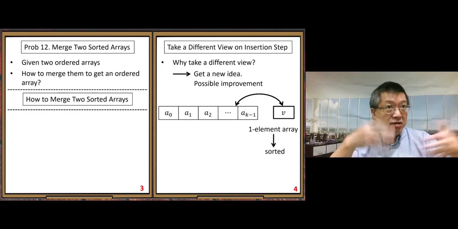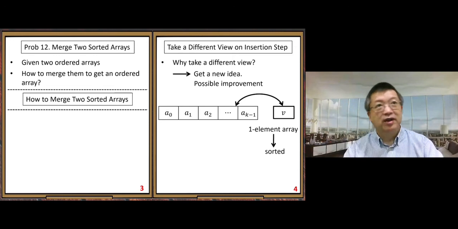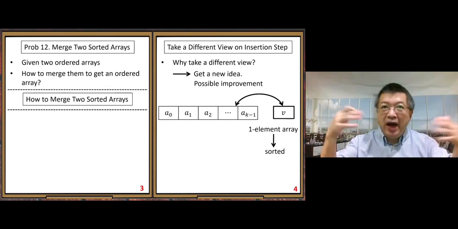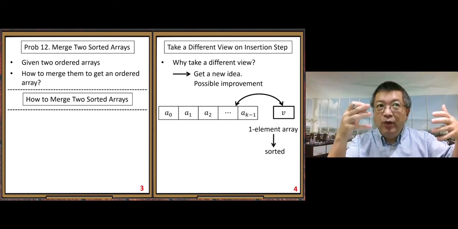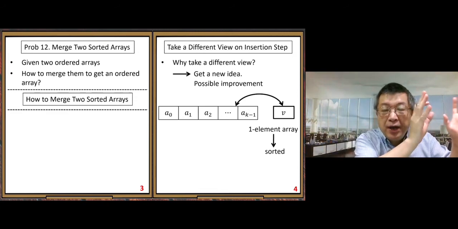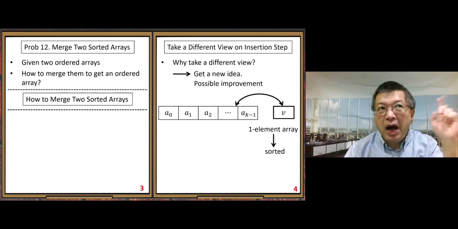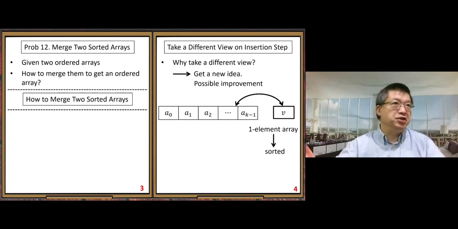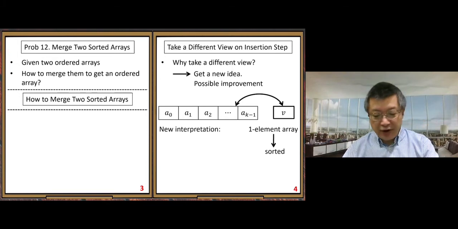That's the relationship, the connection. With that connection, when we do the merge, we can borrow some idea from the insertion step.